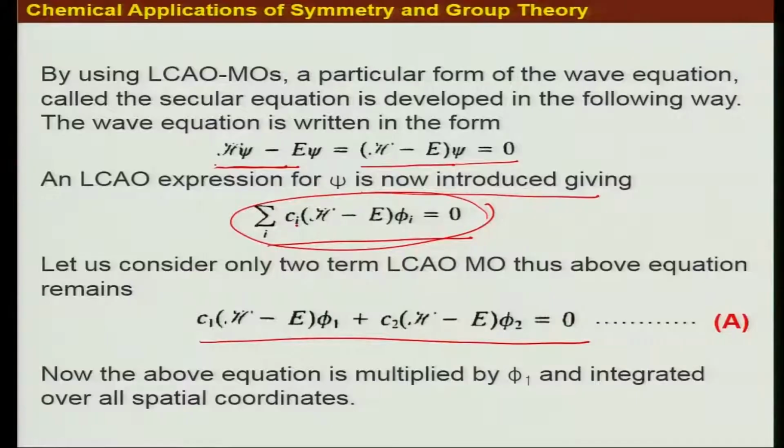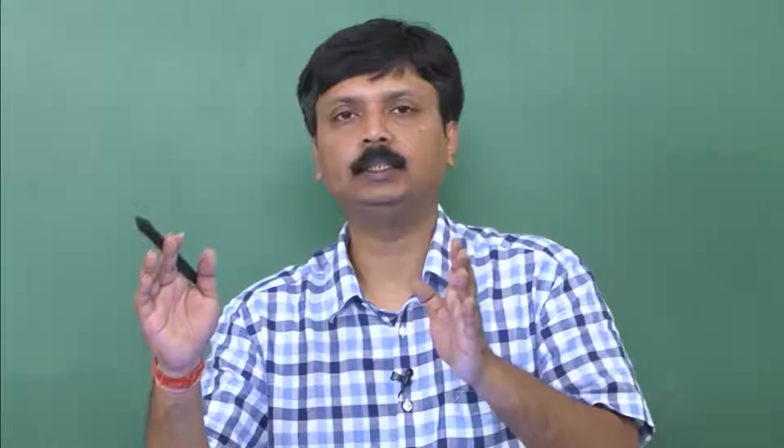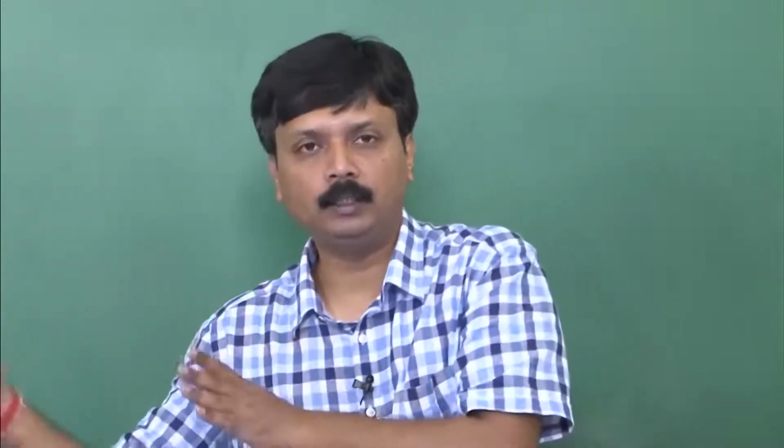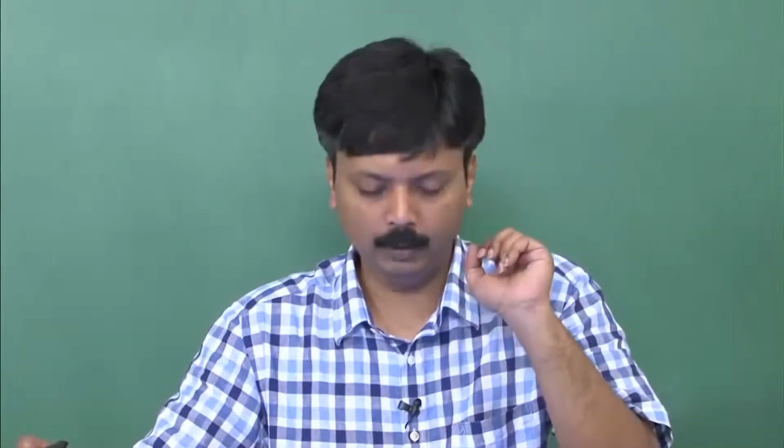So I have only two terms. I could consider n terms. For that I would have C1 (H minus E) phi 1 plus C2 (H minus E) phi 2, then C3 and so on. But I take the simplest example where only two terms will exist.